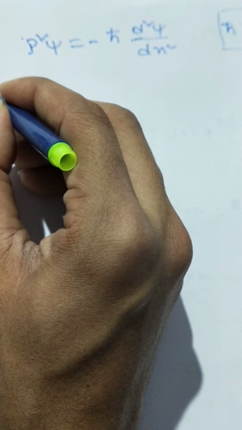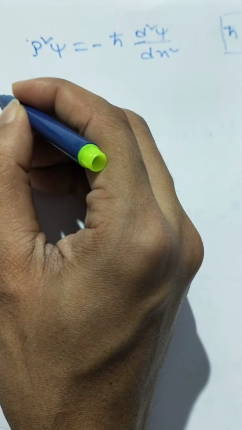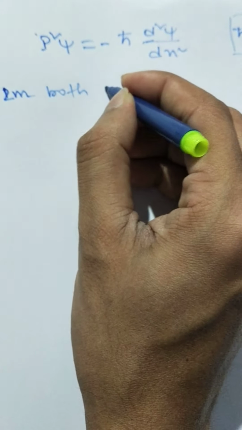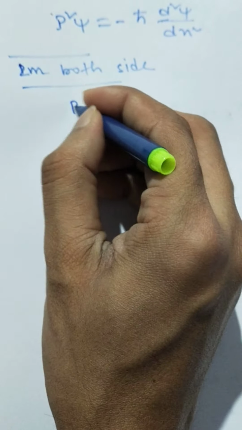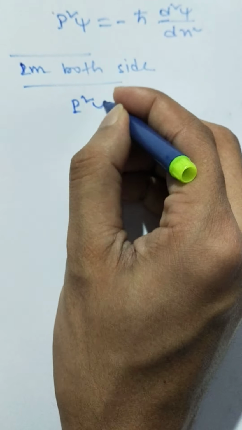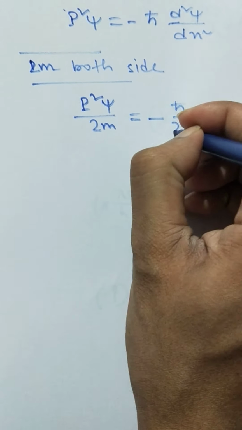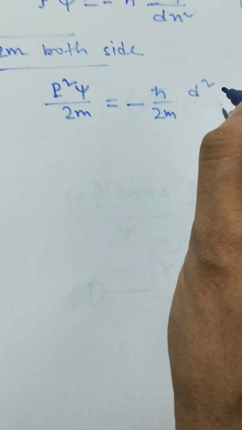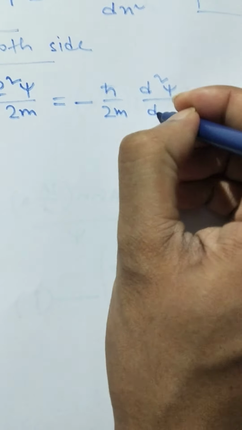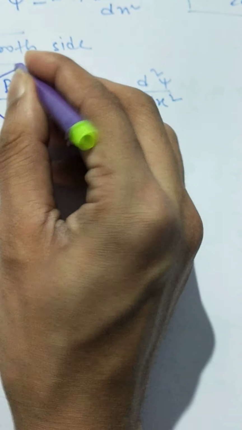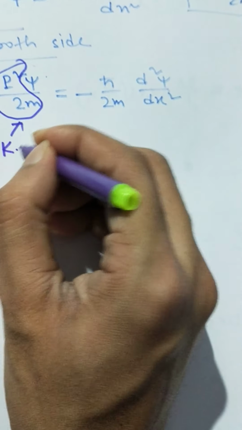Now dividing by 2m on both sides, then we get p square psi by 2m equals minus h cut square by 2m d2 psi by dx2. This is kinetic energy.